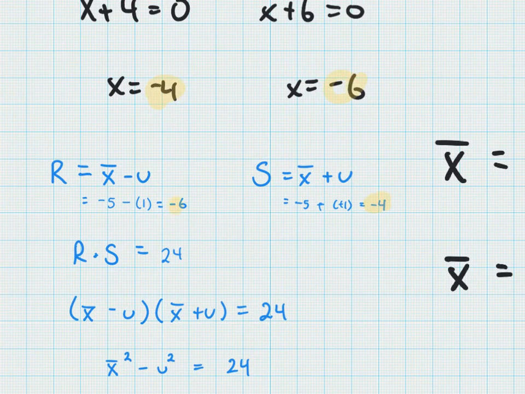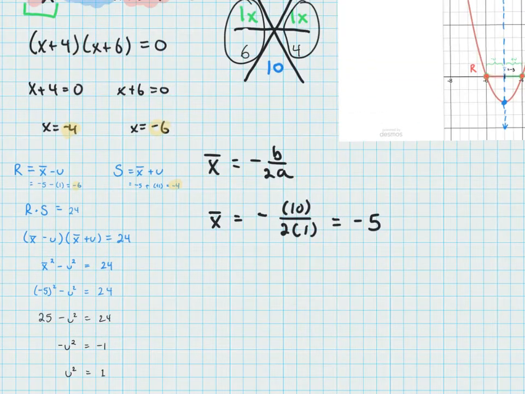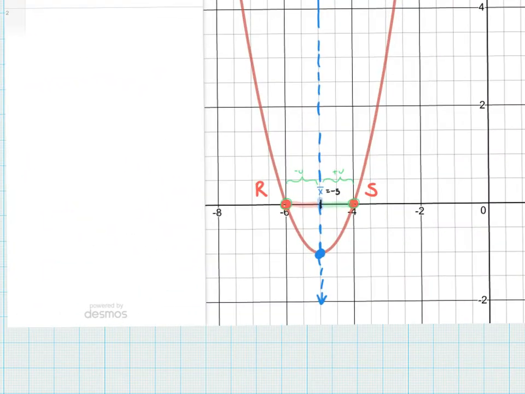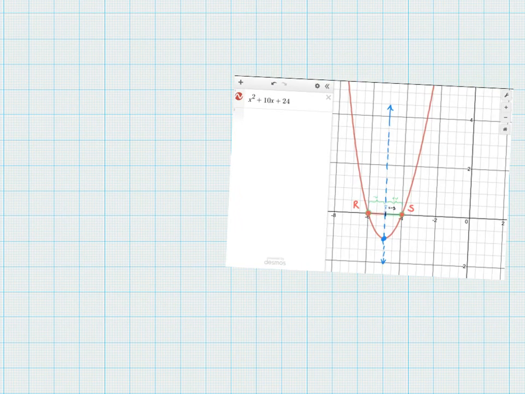What we didn't expect is that I labeled R and S over here, but they actually switched places the way I did that. It doesn't actually matter, because R and S are interchangeable in a sense because of the axis of symmetry. It doesn't matter which way, if you add or subtract, you're going to end up with one or the other. So we're just going to generically call this one R and that one S, but they can be switched around.